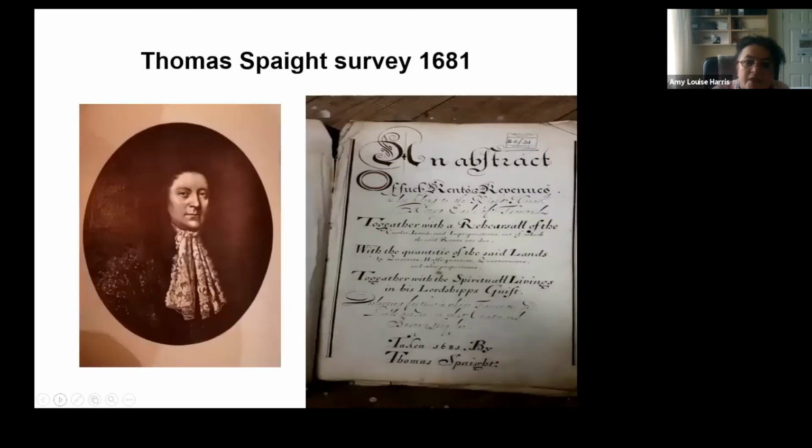So the first survey was done by Thomas Spate. Spate lived in Clare. His father was involved in the development of Carlow, which was owned by Thomond. And Dingley actually mentions his father and had great praise for him in his manuscript. The Spate survey was accountancy based.